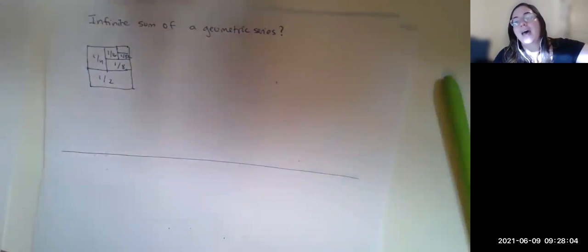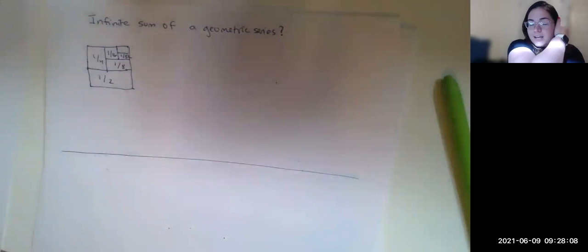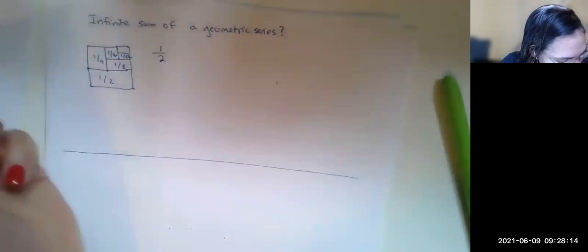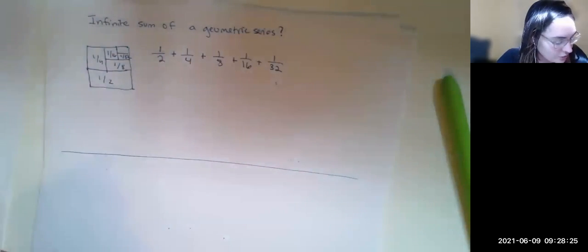Obviously, you can't actually go to infinity. We'll get very, very close. And this is the same idea of convergence and divergence. If you give your friend 1/2 of a paper, and then 1/4 of a paper or a brownie or whatever it is, and then 1/8 and 1/16 and 1/32, let's add these together.